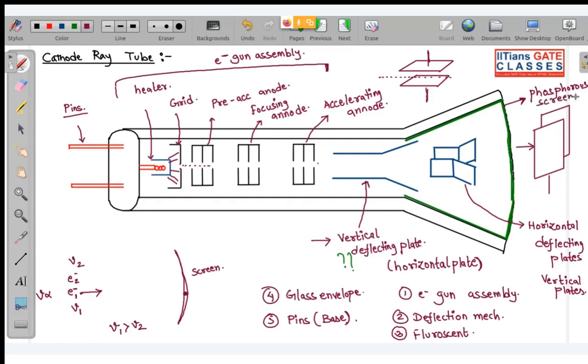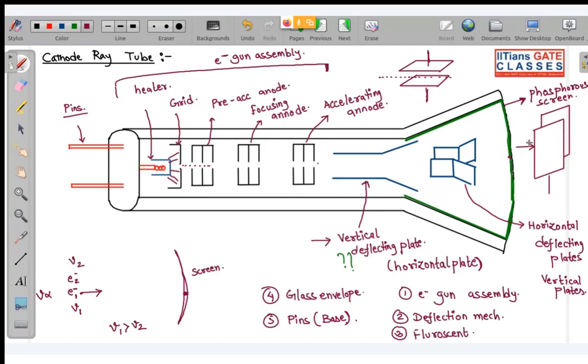Now this phosphorus screen, what basically it does, the electron that is being hit over here creates electroluminescence. That means the moment an electron hits, it emits a photon in the visible range so that we can see a speck of light over here.